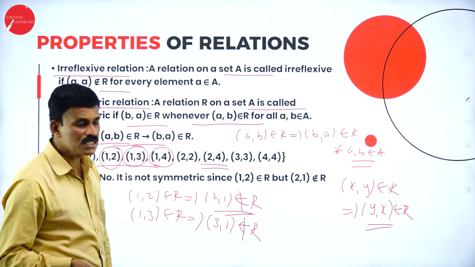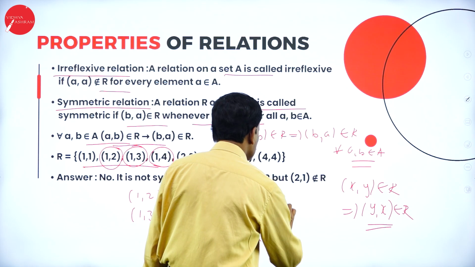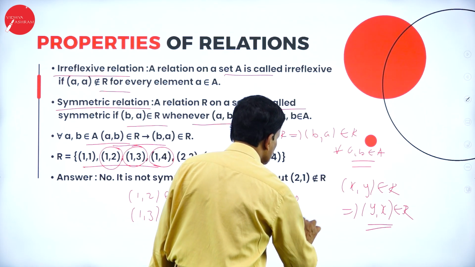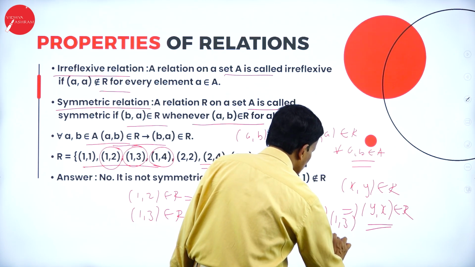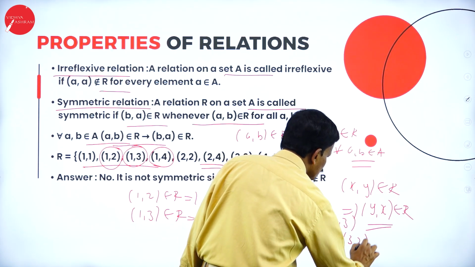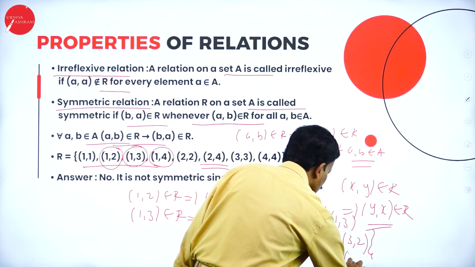Now let us take an example of a symmetric relation. Suppose a relation R = {(1,2), (1,3), (2,1), (3,2), (3,1), (2,3)}.